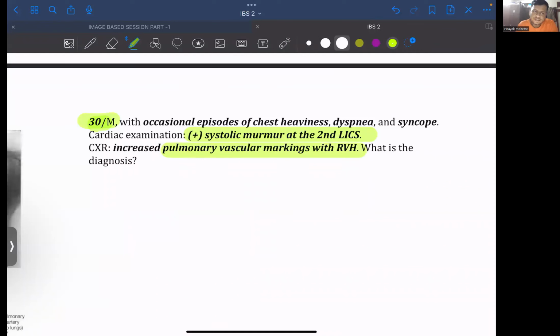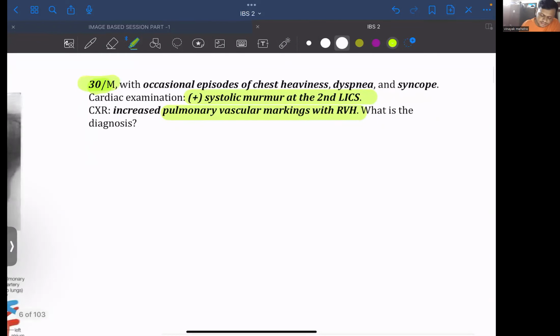Whenever you get such questions, this is what you need to catch. In children's cardiology, the answer is atrial septal defect. The answer is ASD.